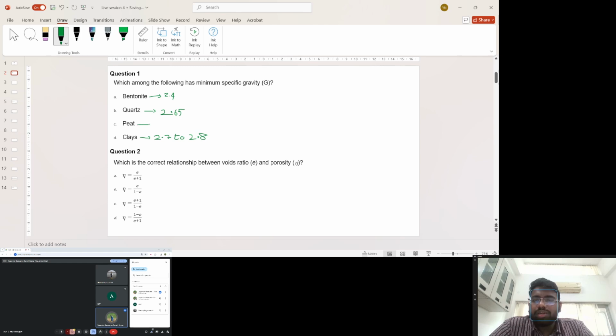And peat is typically in the range around 1.7 to 2.